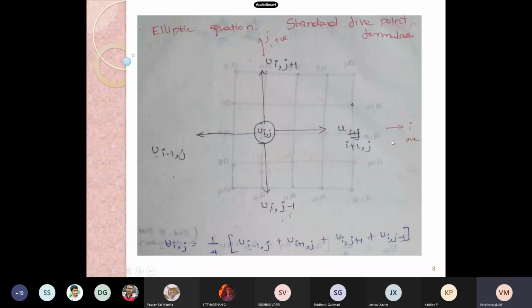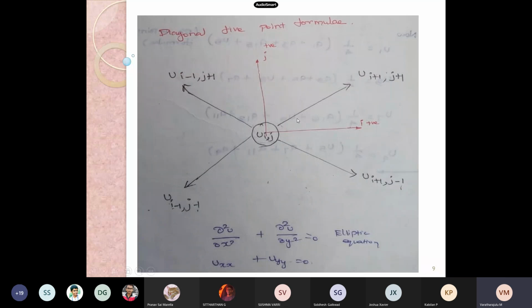Similarly, we are going to deal with the diagonal 5-point formula. This is the diagonal 5-point formula. u i, j, this is the axis i and axis j. Here u i plus 1, j plus 1. Here we are in the same i plus 1 axis. Here i minus 1 axis.